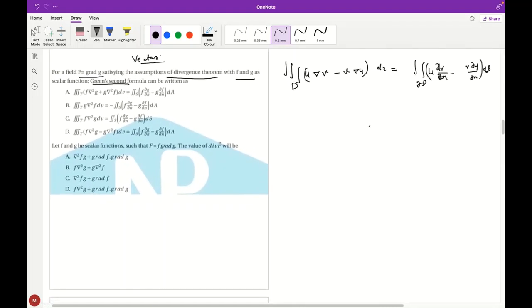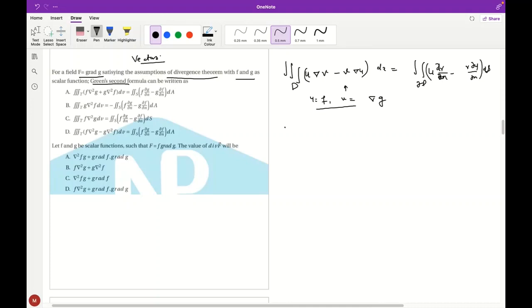So put u equal to f and v equal to gradient of g. So put these values in our formula.